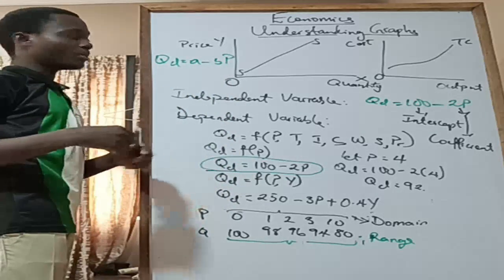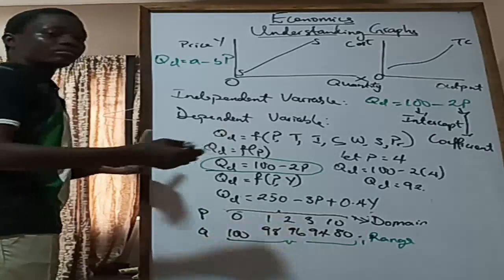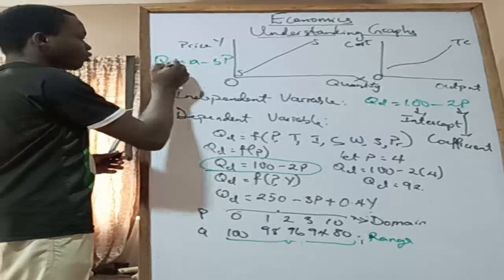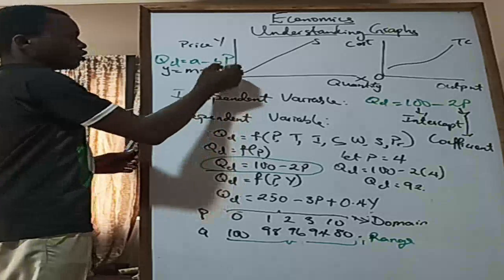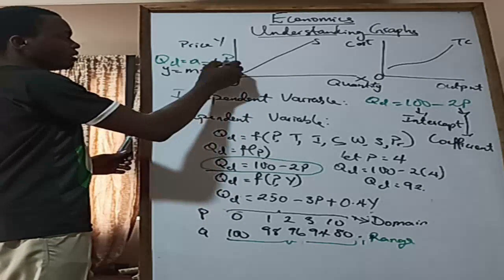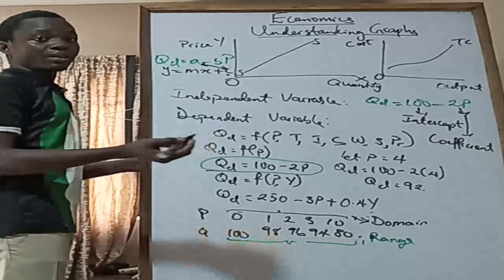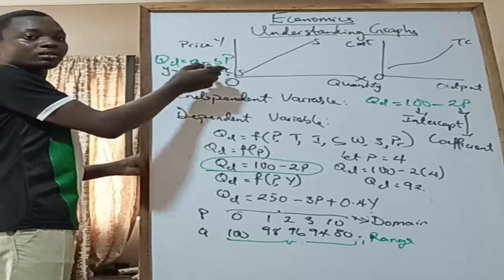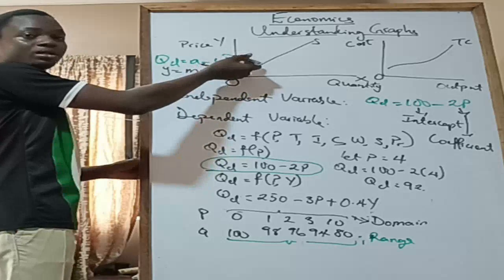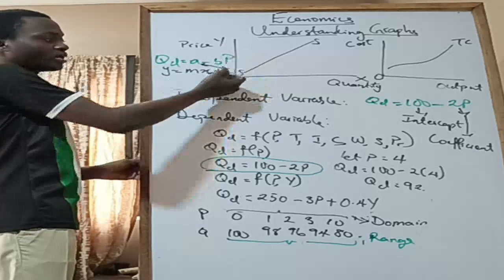If you remember from your mathematics in school, when you are estimating a linear equation, you have y equals mx plus c. So c is standing alone. In this case, A is the same as c. They are both constant terms. Now this x is the independent variable, and P, the independent variable, has the same function as this mx.